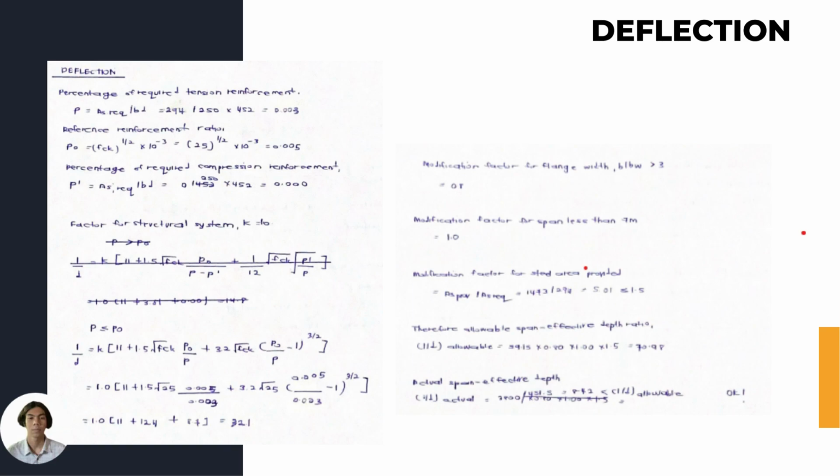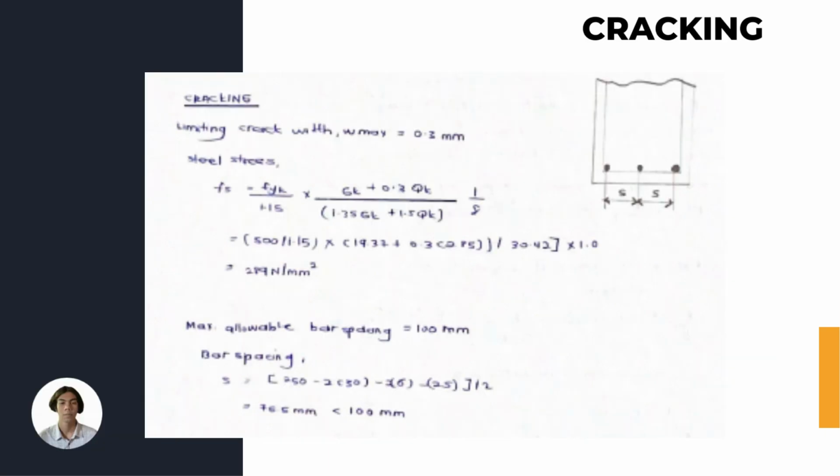Calculate the L over D allowable is 70.98 and actual span effective depth is 8.42. So the value of L over D actual is less than L over D allowable. The design is okay. For cracking, the limiting crack width we use 0.3 mm.